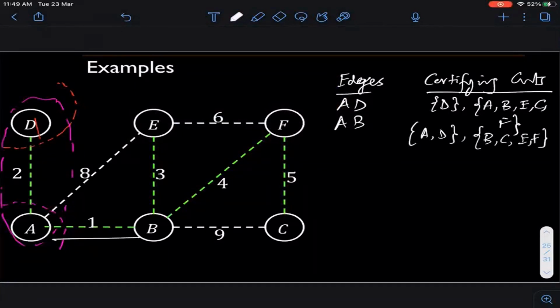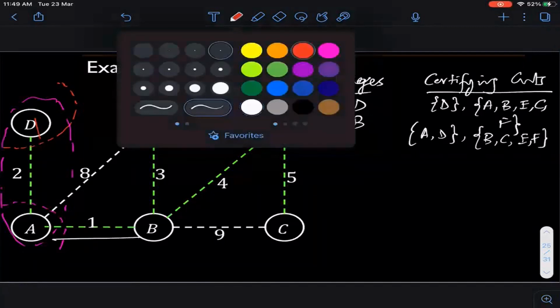How about, okay, so then आगे बढ़ते हैं. How about the edge BE? Which is the cut for which it's the minimum? E and the rest, right? Okay, great.